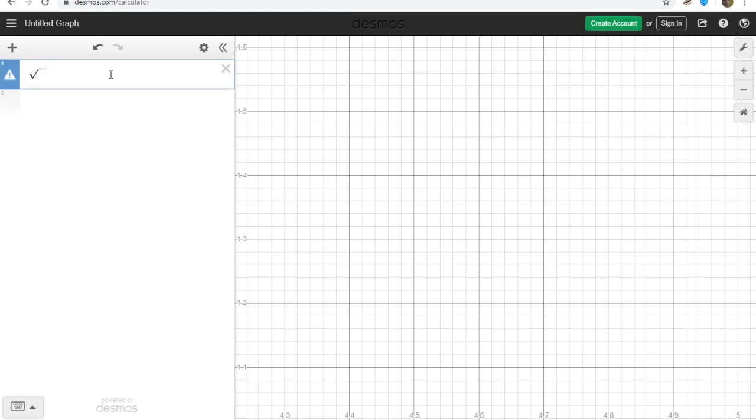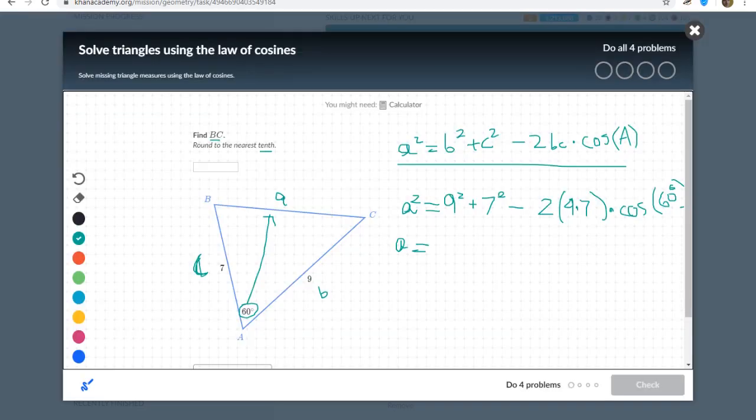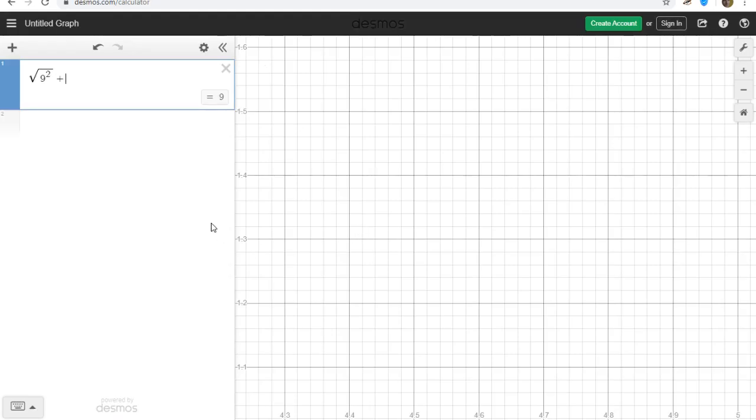Square root of 9 squared plus 7 squared minus 2 times 9 times 7 times the cosine of 60.